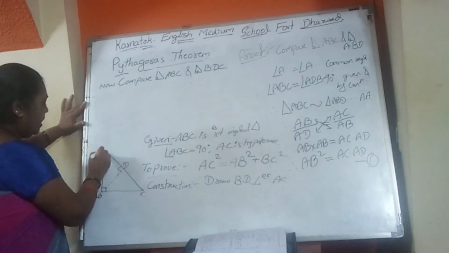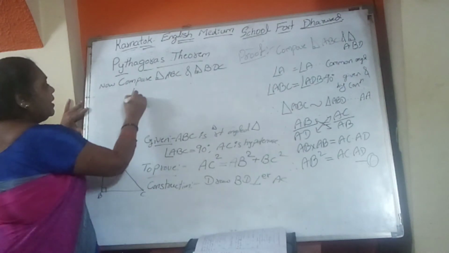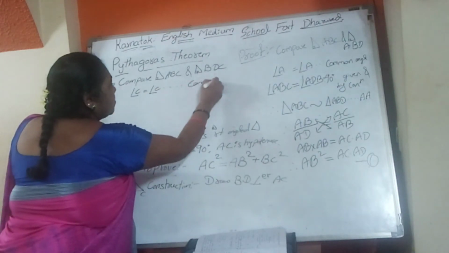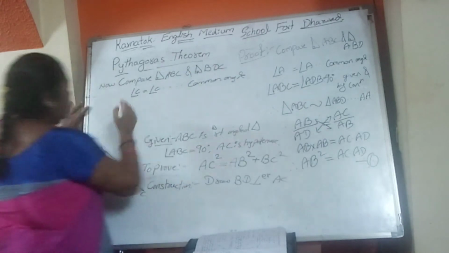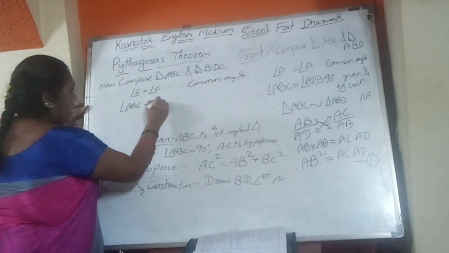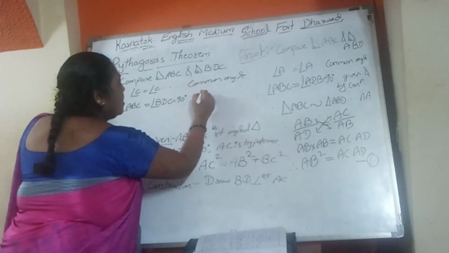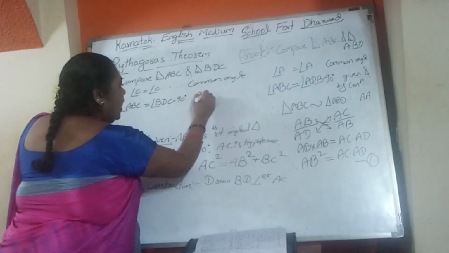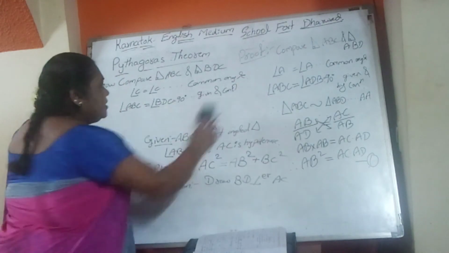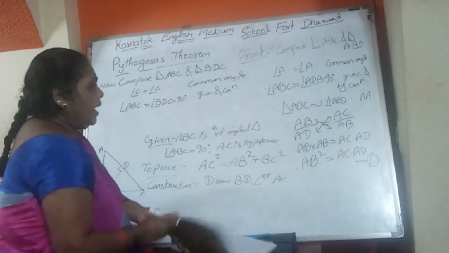Angle C is equal to angle C, common angle. Angle ABC equal to angle BDC equal to 90 degrees. This is by given and construction.